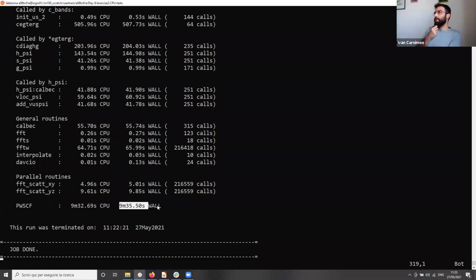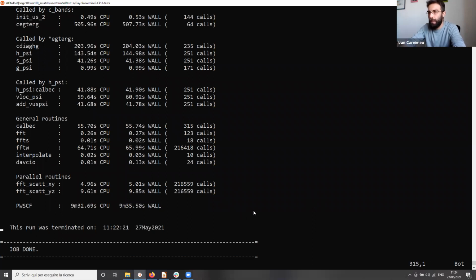And if you use GPUs, CPU time is not meaningful, because the workload will not be on CPUs but on GPUs. So always refer to the wall time when you want to check the execution time of your job. Wall time also takes into account communications and input-output streaming, so it gives a more complete view of the job execution time. So here the job took 9 minutes 35 seconds.